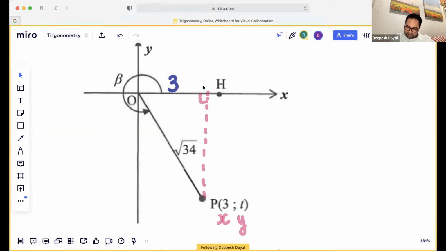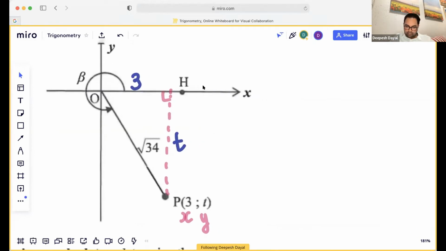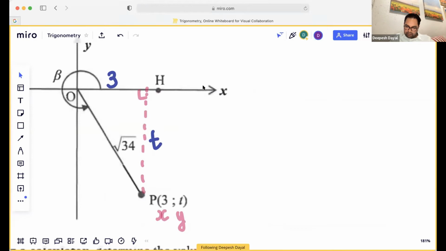And then y is t. And we can solve it using Pythagoras, right? So we can say OH squared plus t squared equals to square root 34 squared.